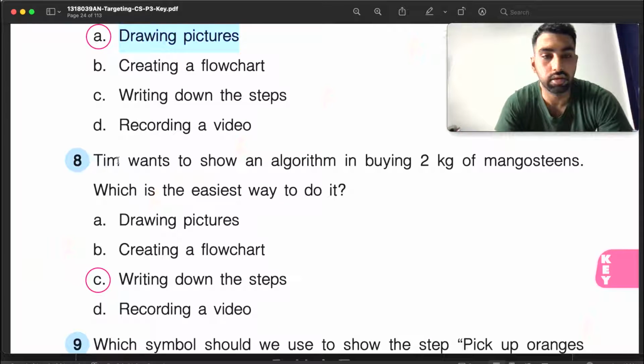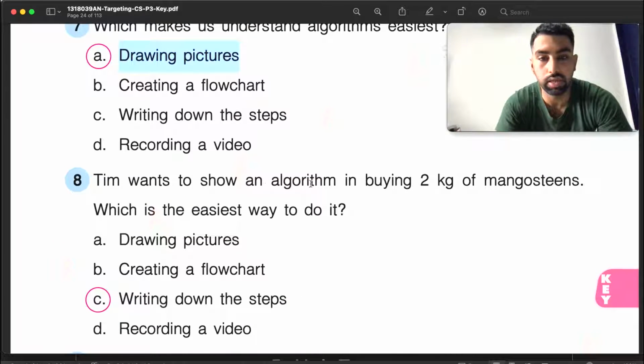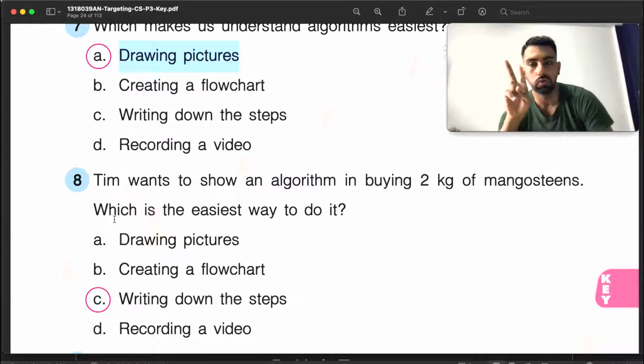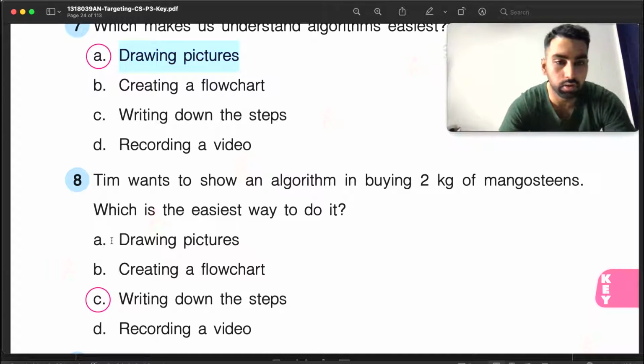Number 8, Tim wants to show an algorithm for buying 2 kilo of mangosteen. Which is the easiest way to do it? So which is the easiest way of showing an algorithm to buy 2 kilo mangosteen? Alright, number 1, drawing pictures, creating a flowchart, writing down the steps, recording a video.